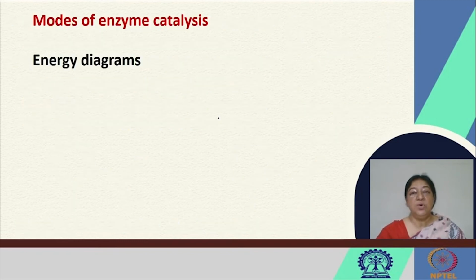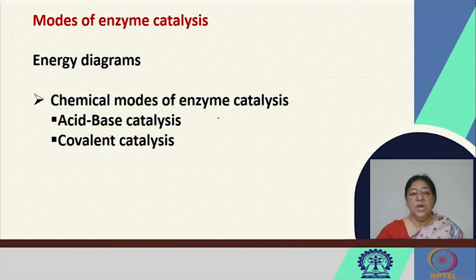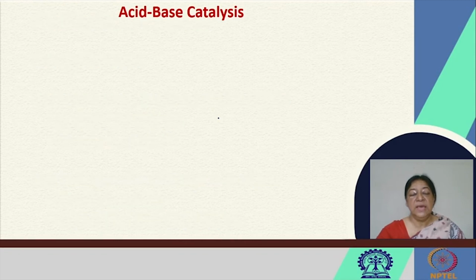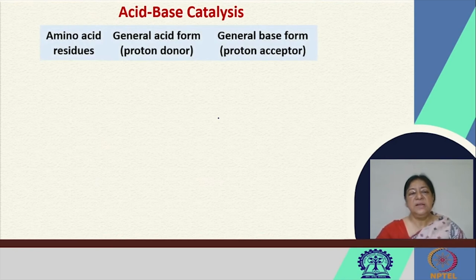So if we have looked at the energy diagrams, we will now look at specific types of chemical modes of enzyme catalysis. In acid-base catalysis, there are several amino acid residues that act as proton donors in a general acid form and proton acceptors in a general base form.